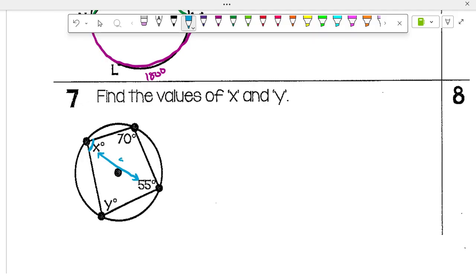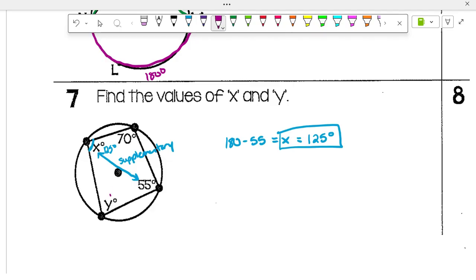They're supplementary. So they add to 180. So what's the only thing I really got to do to solve for x? 180 minus 55, and that'll give me x. And x in this case equals what? 125 degrees. So x is equal to 125 degrees.